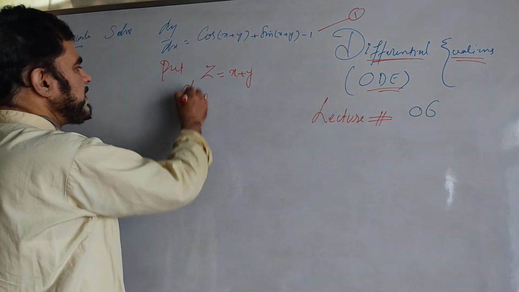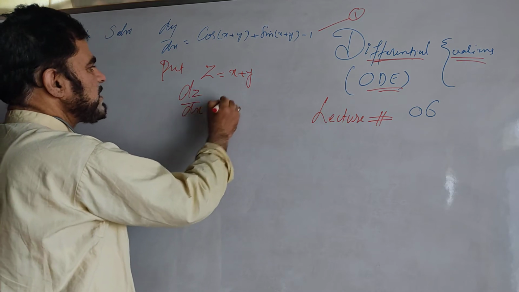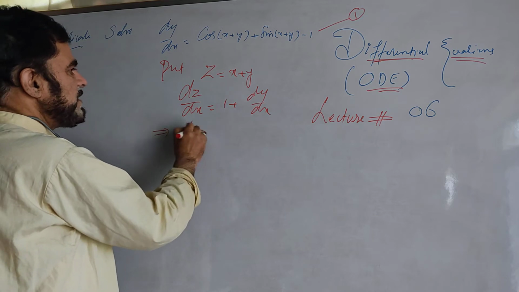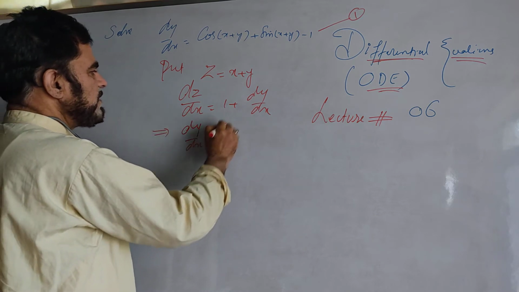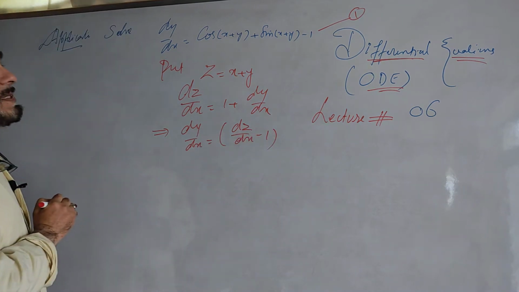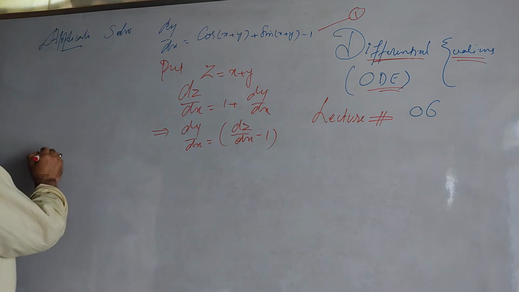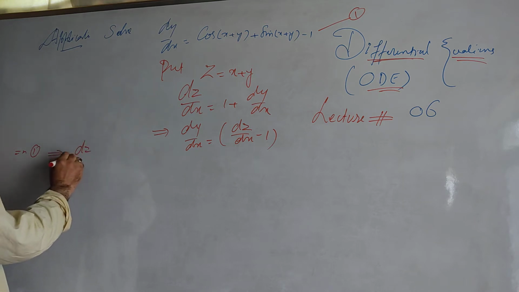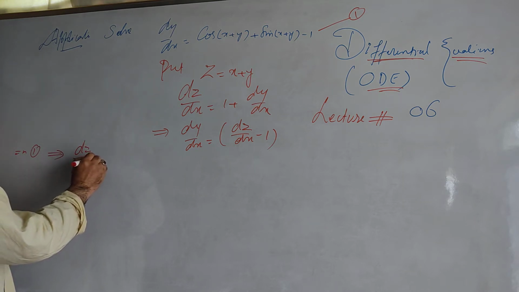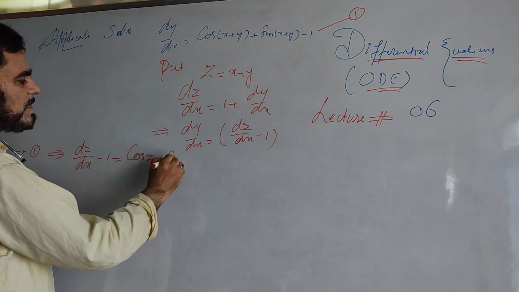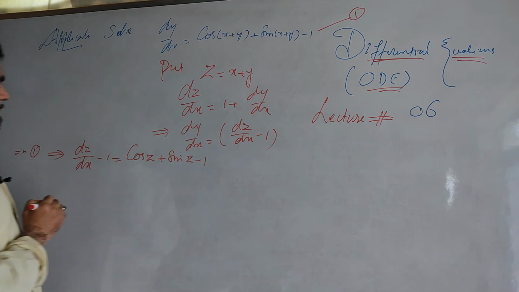This will be your dz by dx, differentiating with respect to x both sides. It is 1 plus dy by dx. Well, this gives me dy by dx is dz by dx minus 1. So equation number 1 now implies dz by dx minus 1 is cos z plus sin z minus 1.